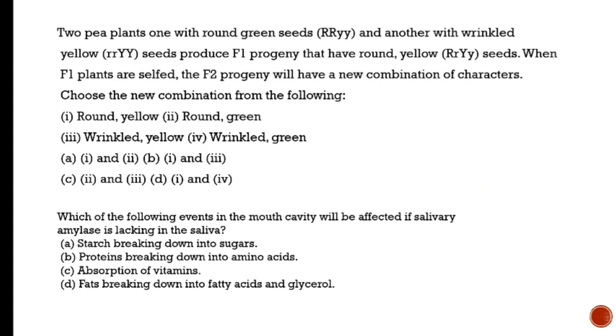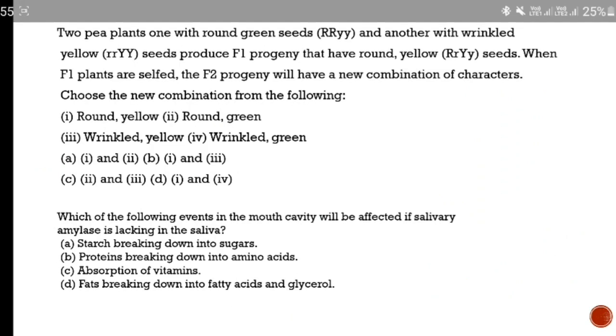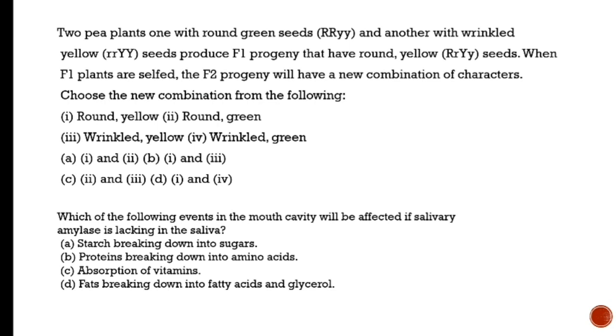Moving on to the next. 2 pea plants, one with round green seeds and another with wrinkled yellow seeds, produce F1 progeny that have round yellow seeds. When F1 plants are selfed, the F2 progeny will have a new combination of characters.